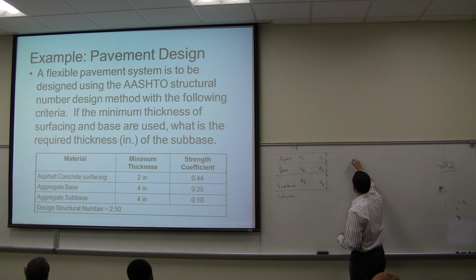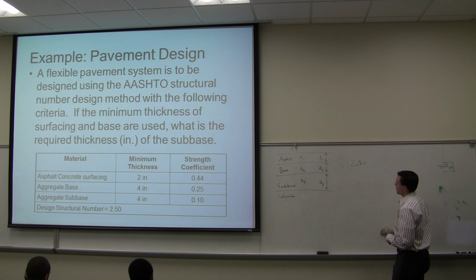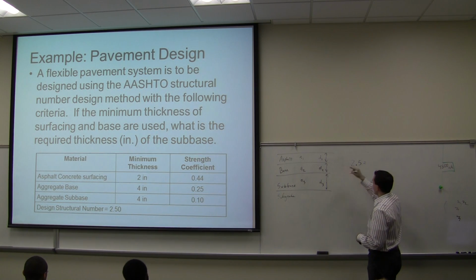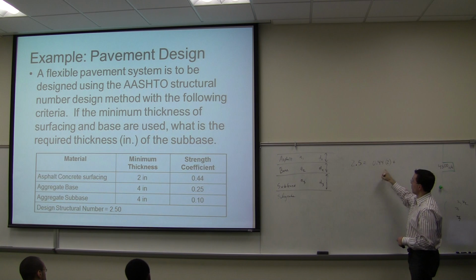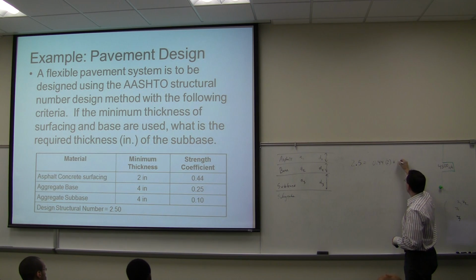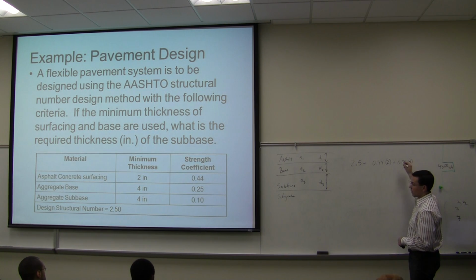So the structural number equation: we've got 2.5 as our actual structural number, and then we're just going to take A1 times D1, which is going to be 0.44 times 2. That'll give us the total strength of that layer. And we've got 0.25 times 4. So that's what we're solving for.